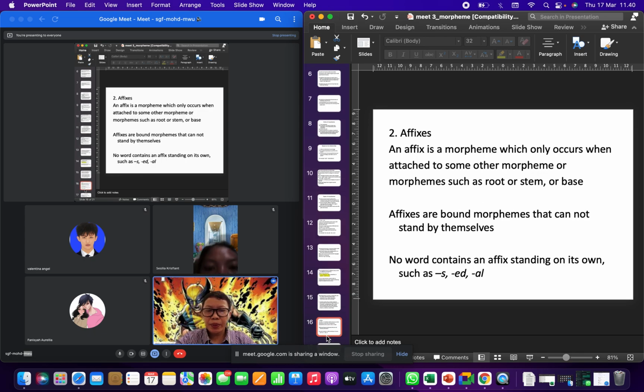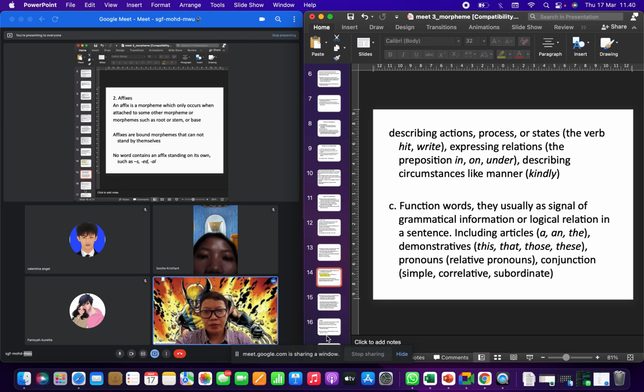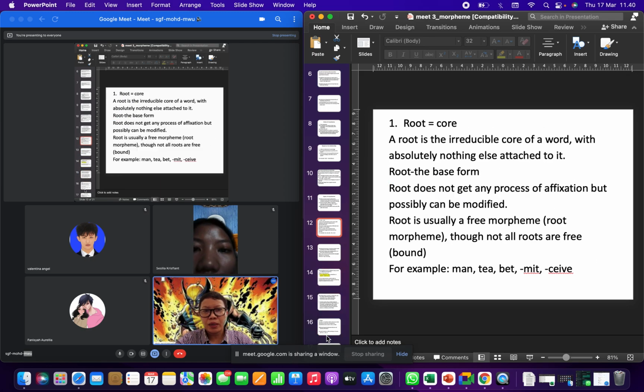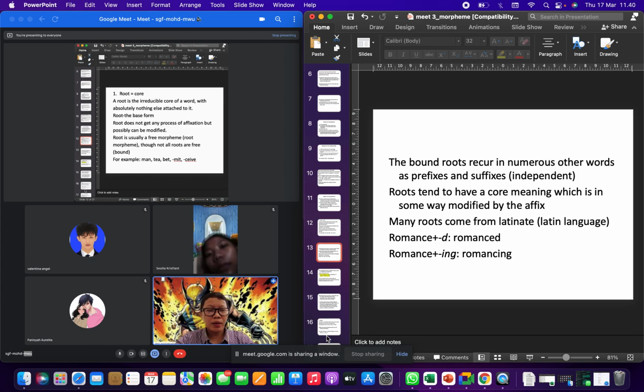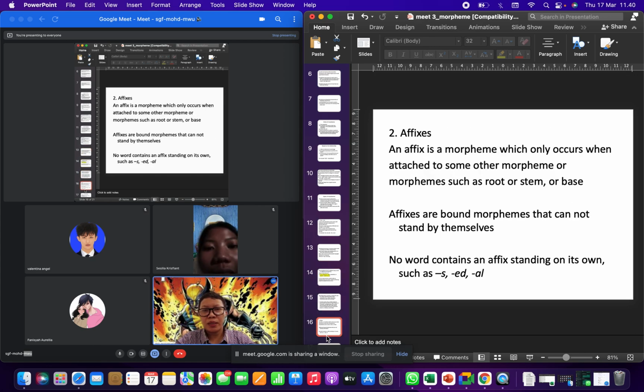Second, we talk about affix. So the first we talked about root or core, the second we talk about the affix. An affix is a morpheme which only occurs when it is attached to some other morpheme, which can be in the form of root, stem, or base.